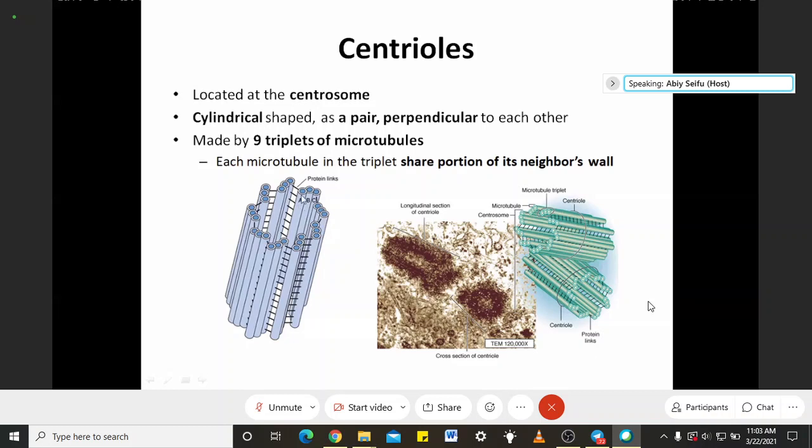But when we look more closely at how each triplet is formed, it is only the innermost microtubule which has the complete 13 protofilaments. You remember, before our break, I told you one microtubule is made of 13 protofilaments. So A is a complete circle because it is made of 13 protofilaments. But look at B. B shares a small part of A by 3 protofilaments.